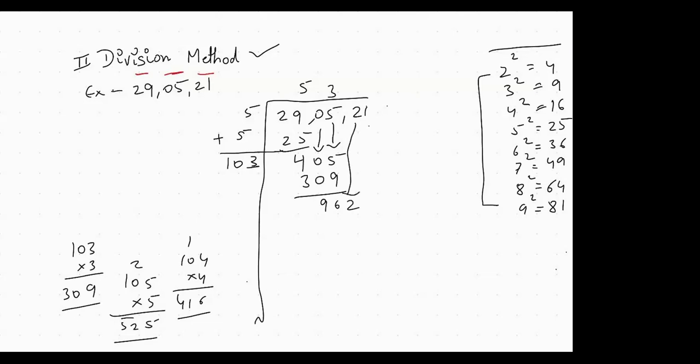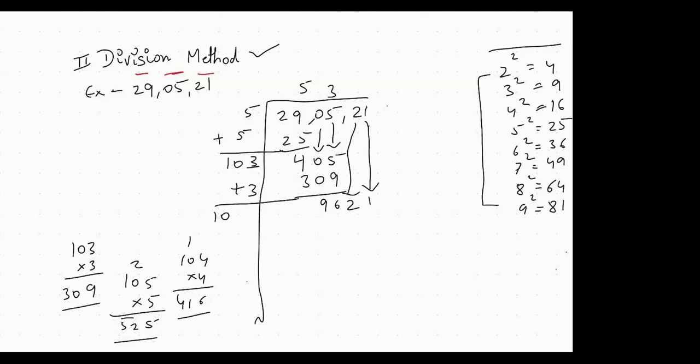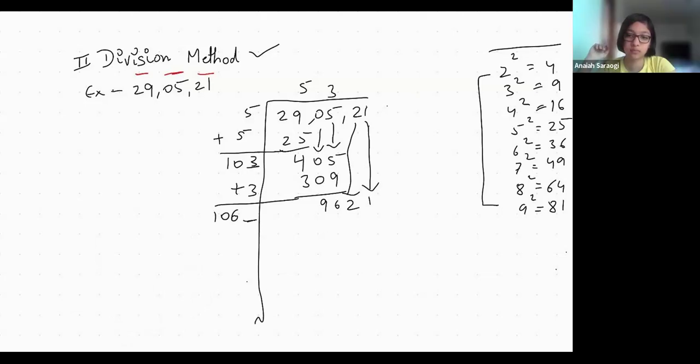9621. Now just 103, add 3 to the side. What will I get? I will get 106. After 106, what number should I put that will divide my 9621 fully? Try with 7, it doesn't divide.